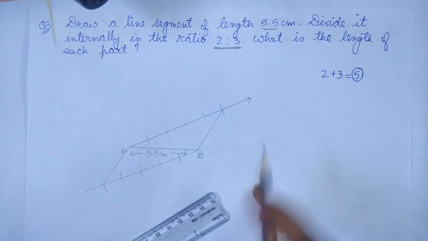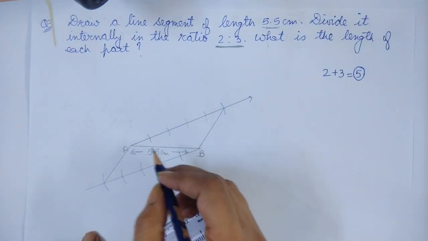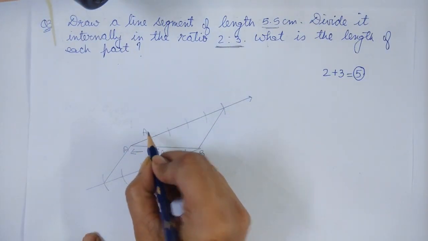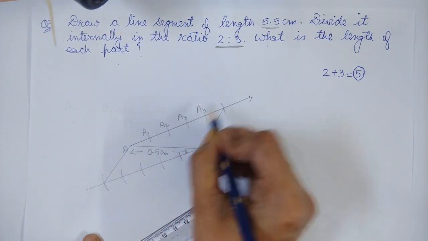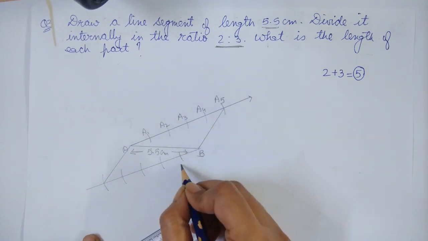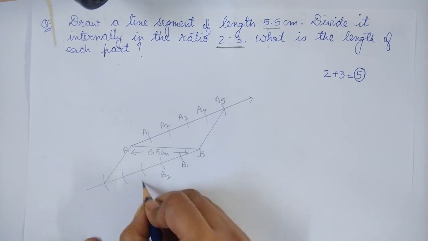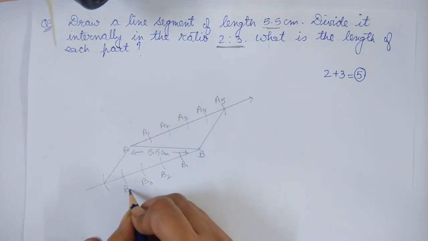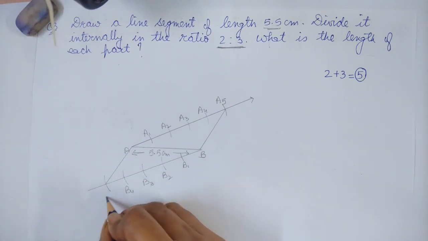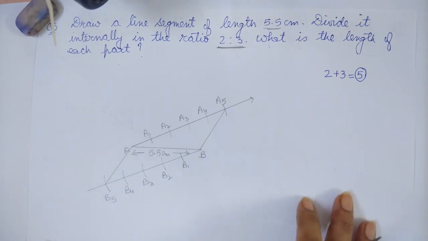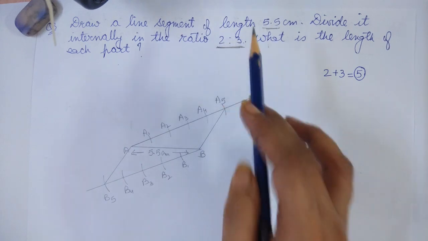Okay. Now the question is in the form of 2:3 you have to divide it. So first you will write the naming A1, A2, A3, A4 and A5. Same way from here you can write it as B1, B2, B3, B4 and B5, like this you will keep it. Now question is 2:3.